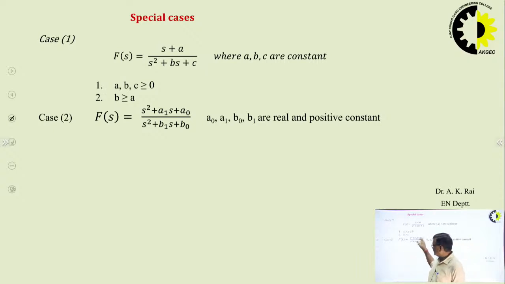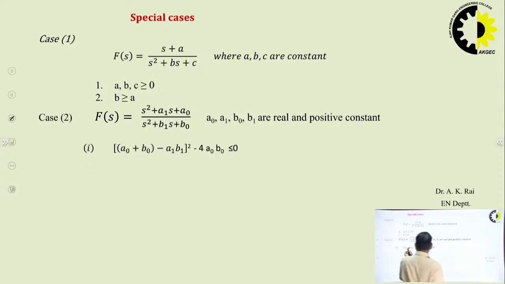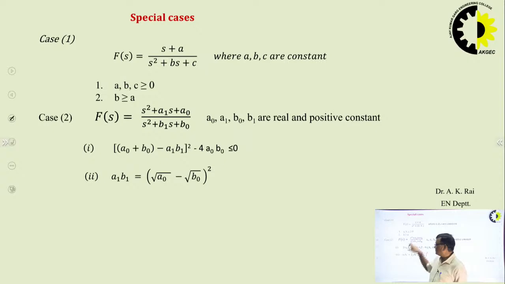If the function is in this format, what we will do is take (a0 plus b0 minus a1 b1) whole square, minus 4 a0 b0, which should be less than or equal to 0, and second, a1 b1 equal to (square root of a0 minus square root of b0) whole square. If these conditions are satisfied, then we can check whether the given function F(s) in this format is positive real or not.